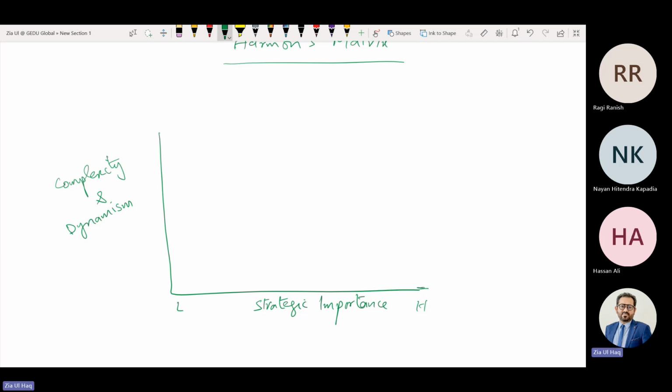Strategic importance low means not primary activities, but secondary or support activities, non-core activities that you can even outsource. We are not expert in that. Somebody else could be expert.